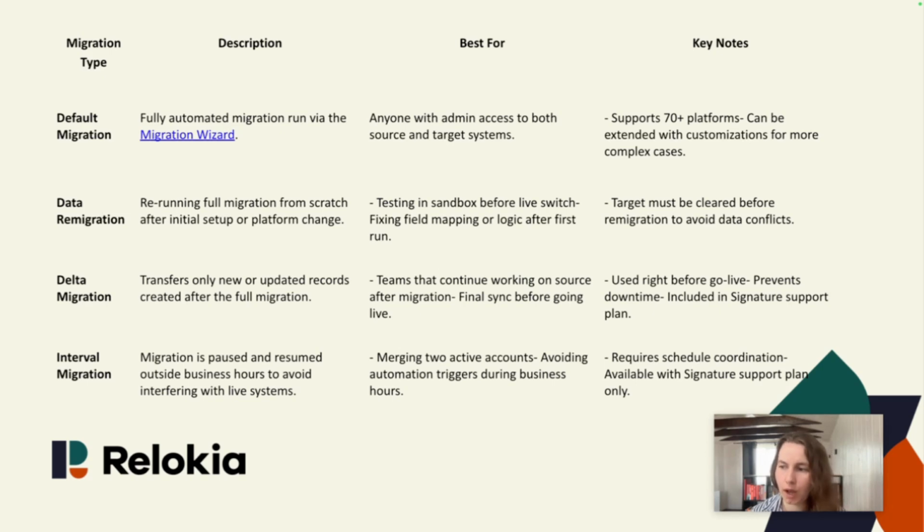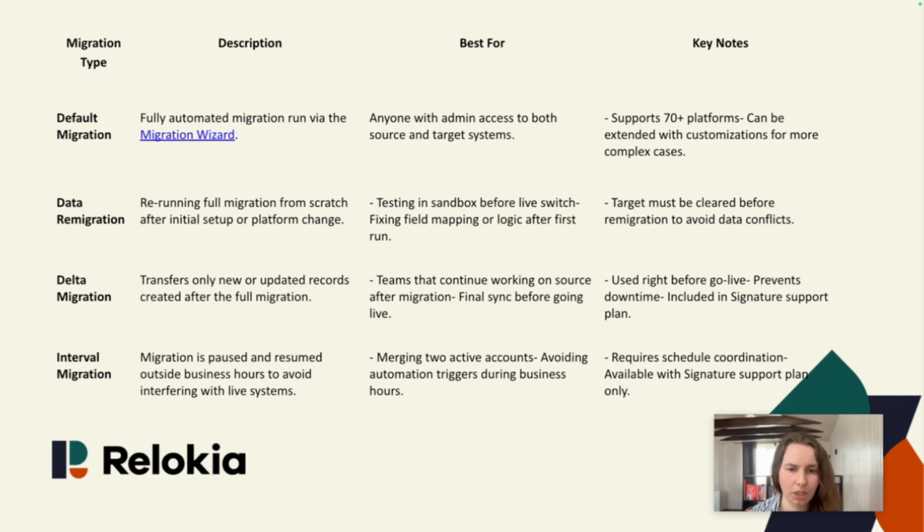And the last one is interval migration. Sometimes you might need to migrate the data between two active accounts. This often happens when one company acquires another company and needs to merge support systems. The support team starts using a new help desk before the migration actually happens.